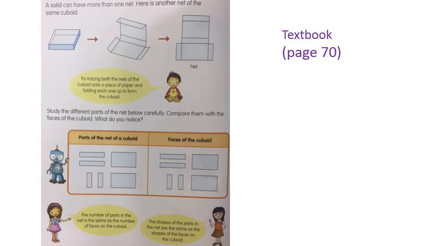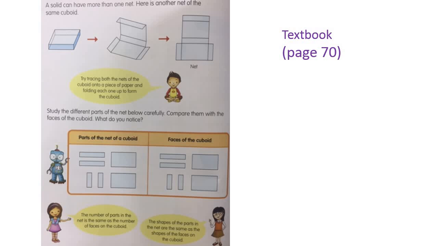Okay, so you want to make sure that the net has the same number of faces and the same shape of the faces. Make sure that the net has the same number and the same shapes as the original 3D shape.